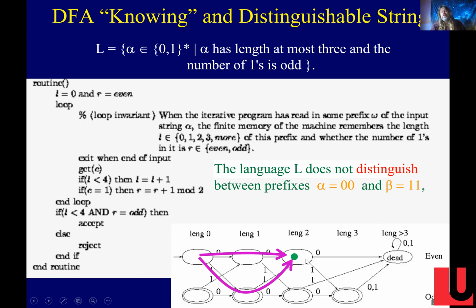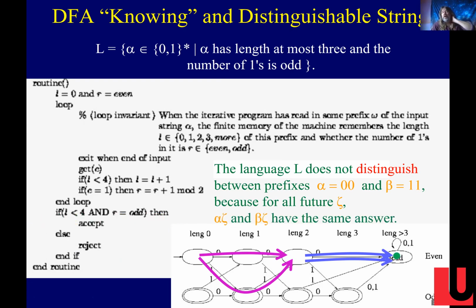Well, one, they have the same answer, so the language doesn't distinguish them that way. But more than that, for all possible futures, here's a possible future, and in that future those two strings have the same answer.